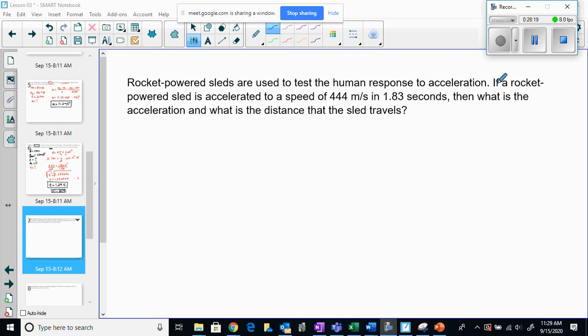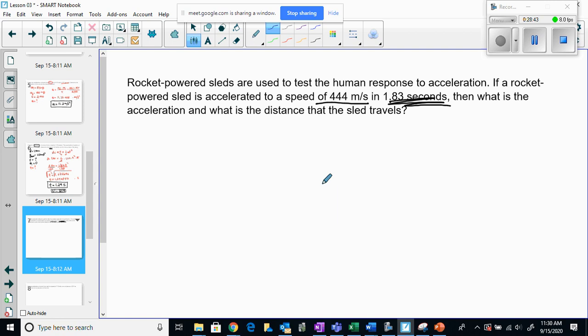Let's take a look at this example here. An object used to test a rocket powered sled is accelerated to a speed of 444 meters per second in this many seconds. What is the acceleration, and what is the distance that it is traveling?